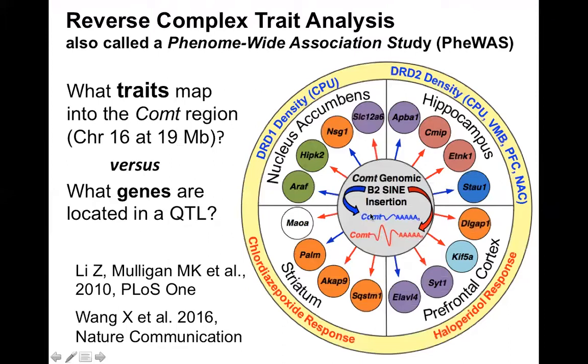There's a known variant in the 3' untranslated region of this gene that results in about a 2-fold difference in expression between 2 types of mice. They are the 2 types of mice that are the parents of the BXD family I just showed you. And then you can ask, what is the impact of this insertion on the expression of genes in nucleus accumbens, in hippocampus, in prefrontal cortex, in striatum?